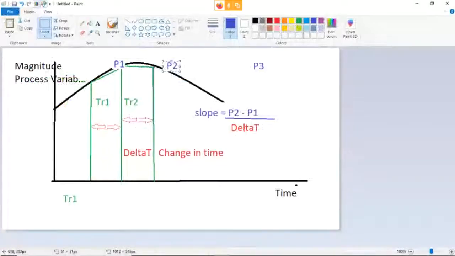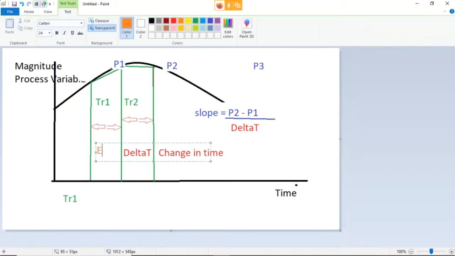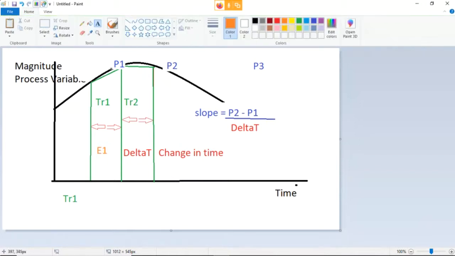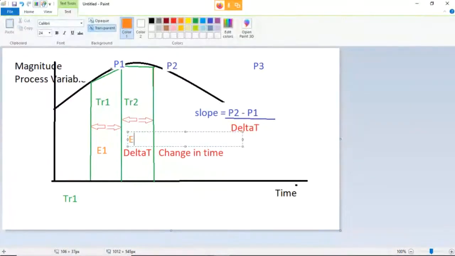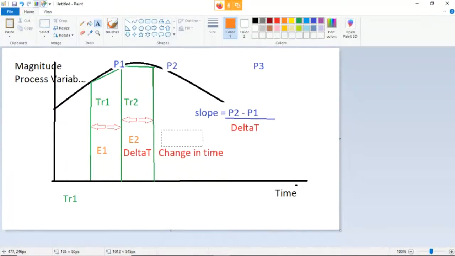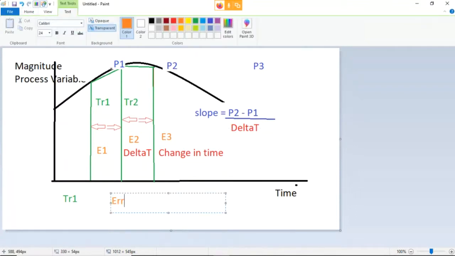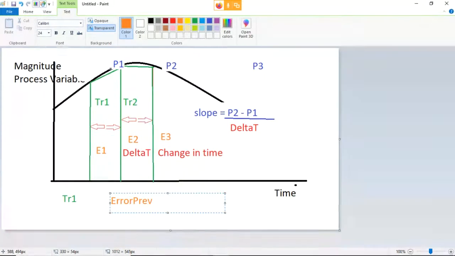You need to take the error. So this is going to be your error at this time, error 1. And then this is going to be error 2. And then this is going to be error 3, and so on. And so what you have to do is take your error, okay, your error previous has to equal your error now plus your error previous.